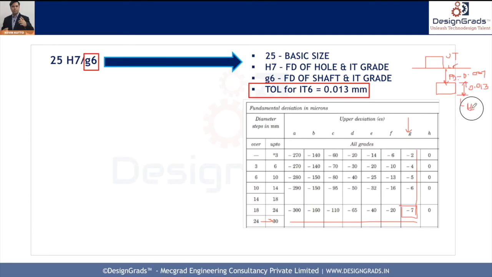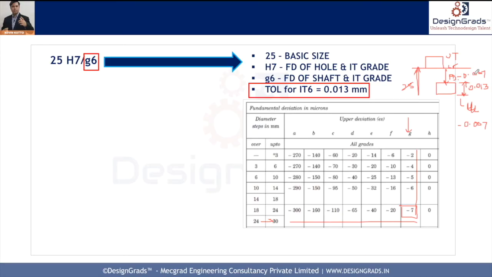So what will be the upper limit here? The upper limit will be minus 0.007, right? It will be minus because it is down, right? It is reducing this 25 basic size, so it has to be obviously down. Now we reached here.